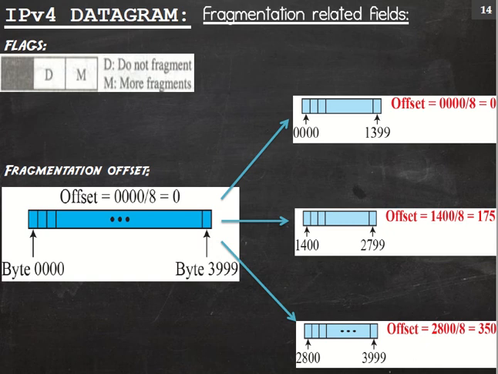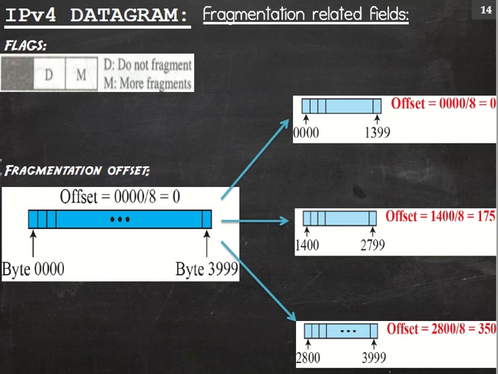And the last one is a 13-bit fragmentation offset field, which shows the relative position of the fragment with respect to the whole datagram. That is, with respect to the original datagram, the position of the fragment will be identified using this 13-bit fragmentation offset.